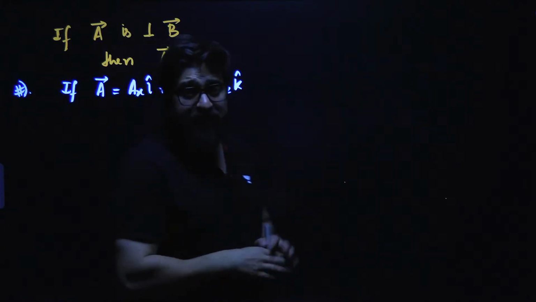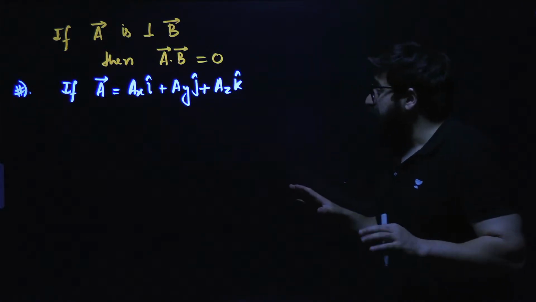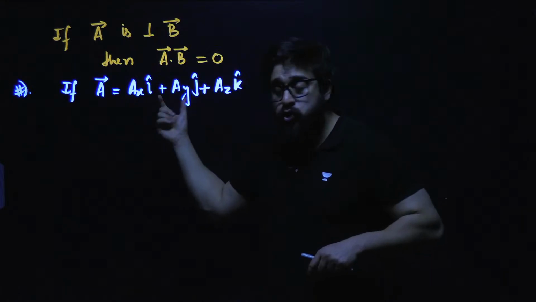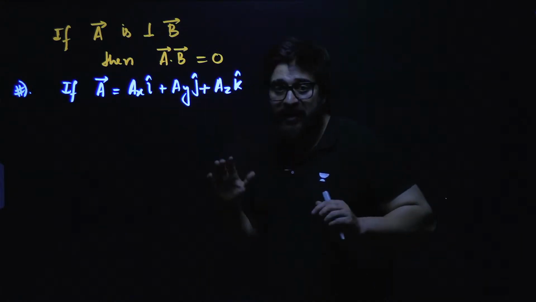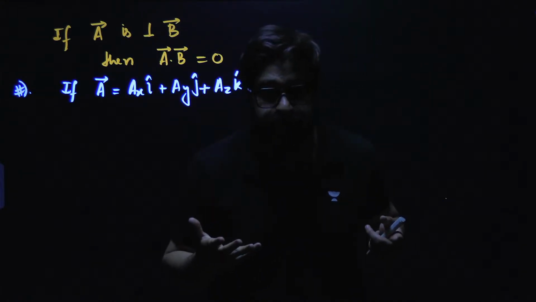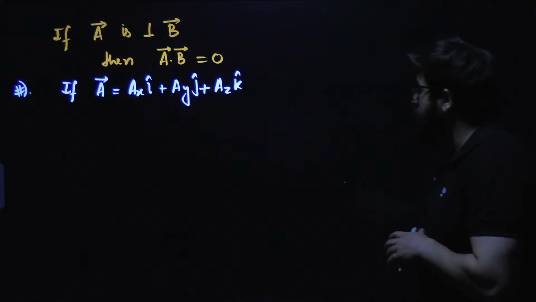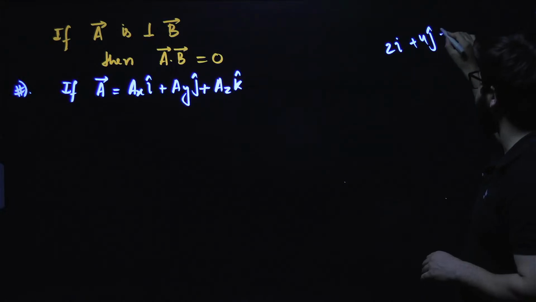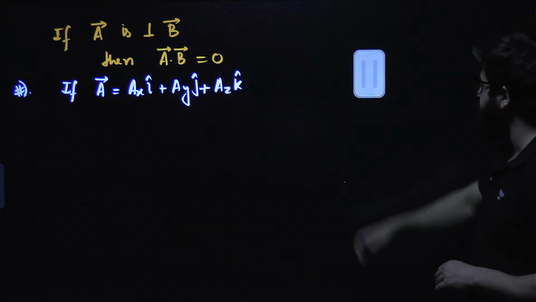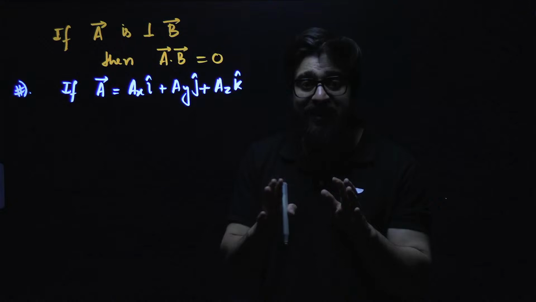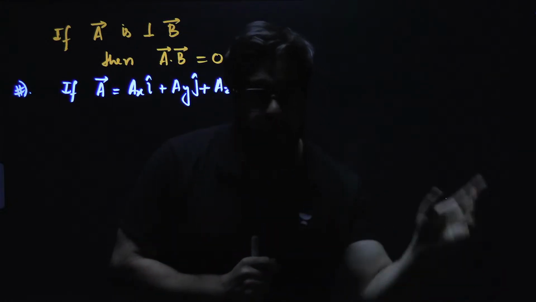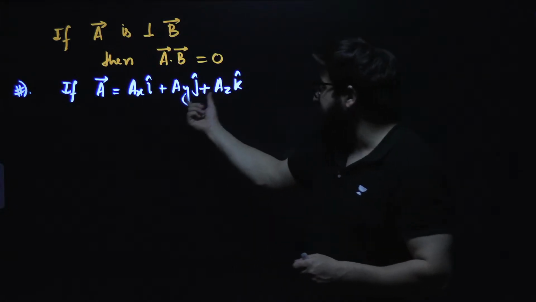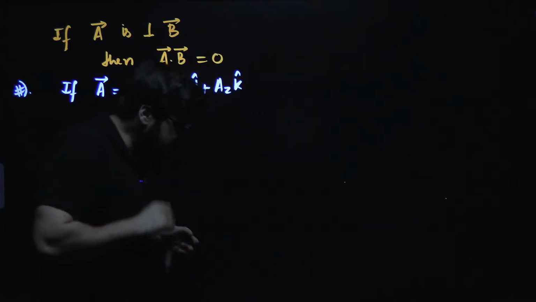Means I have a vector A which is in x direction, y direction, and z direction, means it's in 3D. Like something like 2i cap plus 4j cap plus 3k cap.